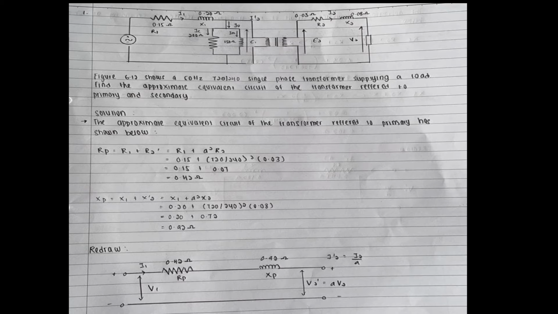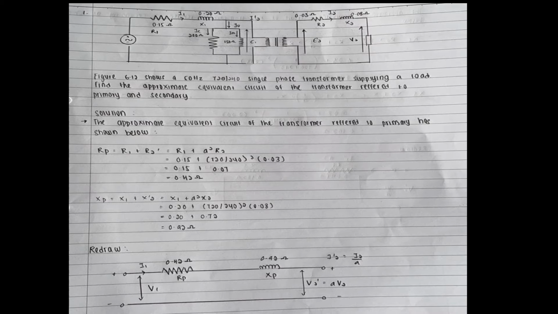The Xp is equal to X1 plus X2 prime. The step is the same as for Rp. So X1 plus a squared times X2.